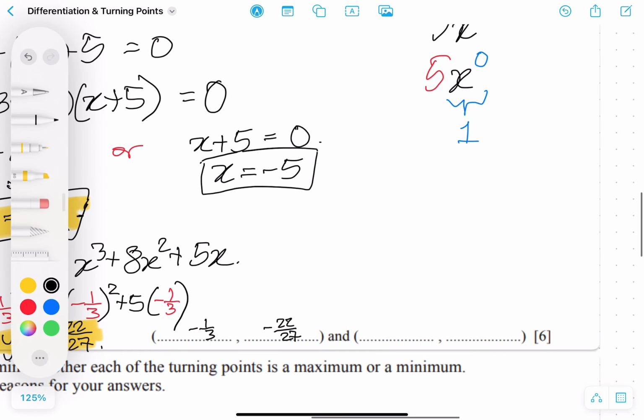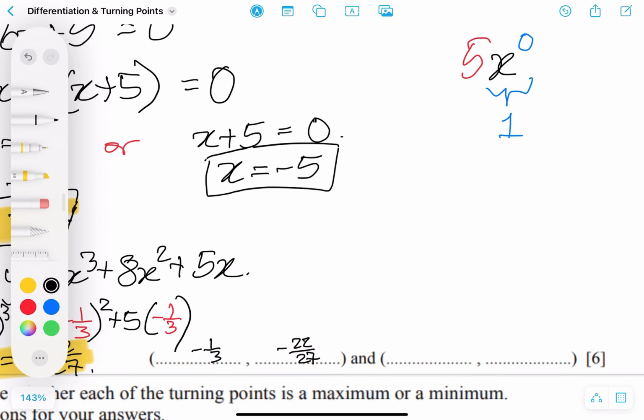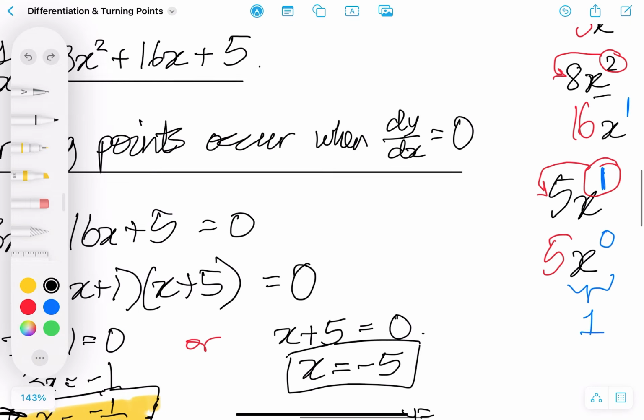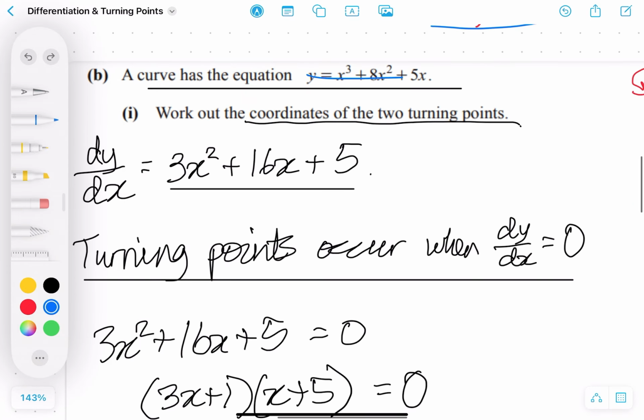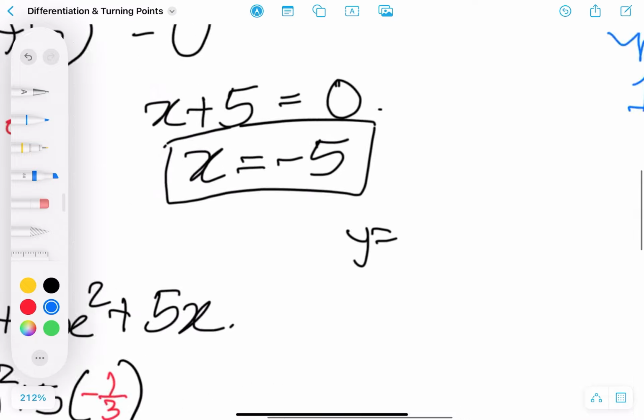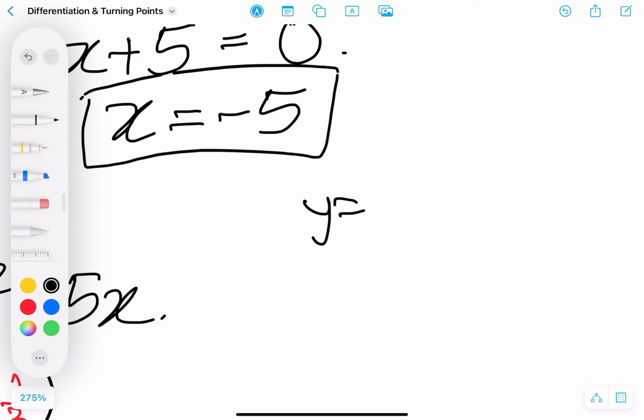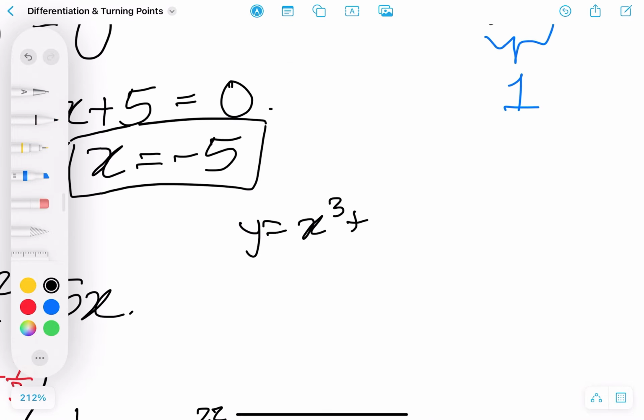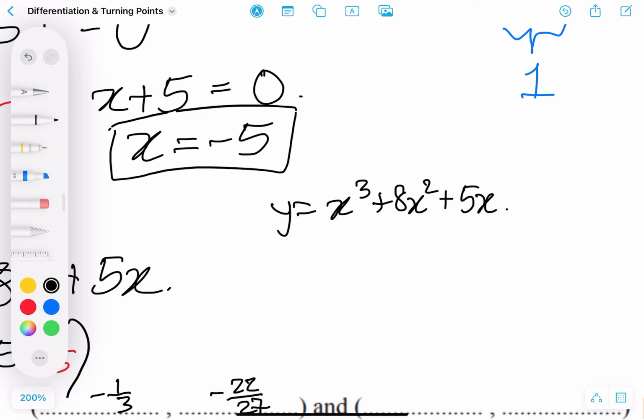So now we do the same here for this x equals to negative 5. We put into the original equation of the curve, y equals 8x cubed plus 8x squared plus 5x. So if we write that here, now all we have to do is substitute in this x value, negative 5.